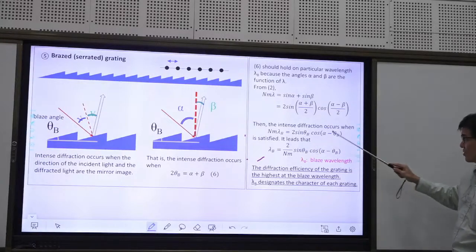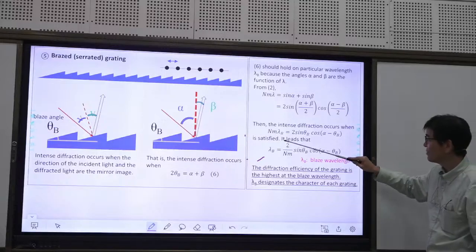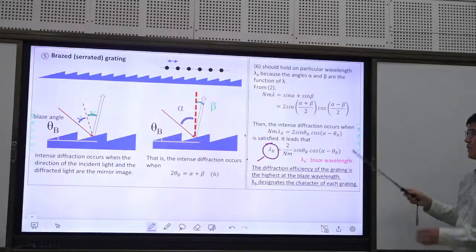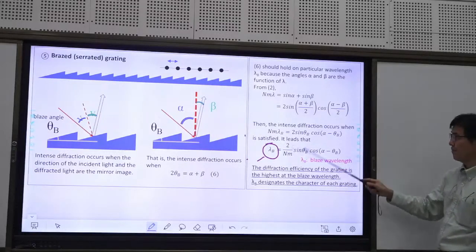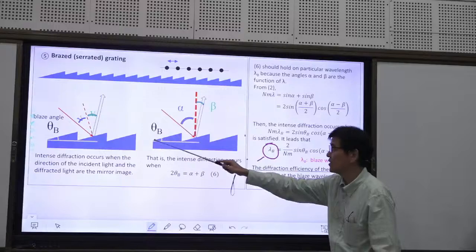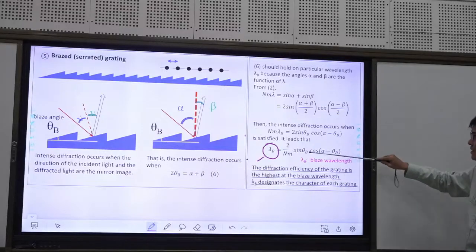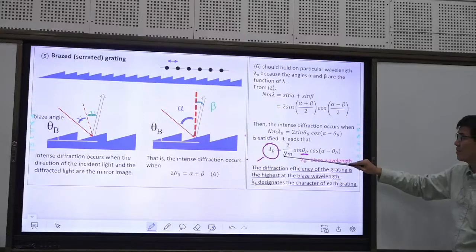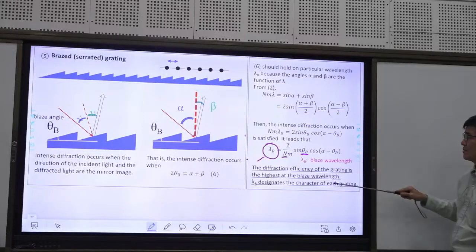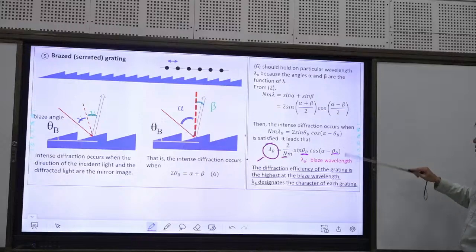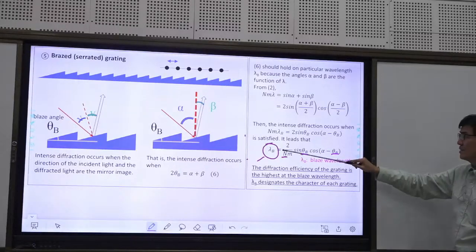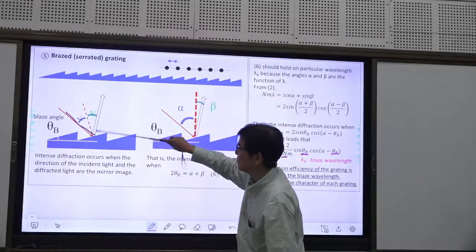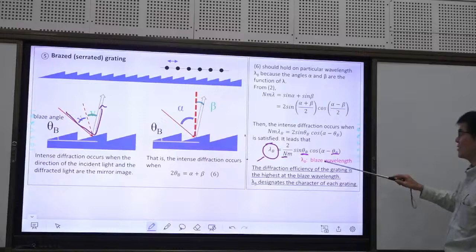From this equation, we can calculate a special wavelength λb that is special for this grating by using the angle θb and the number of grooves per millimeter n. This special wavelength that satisfies this condition is the so-called blaze wavelength.